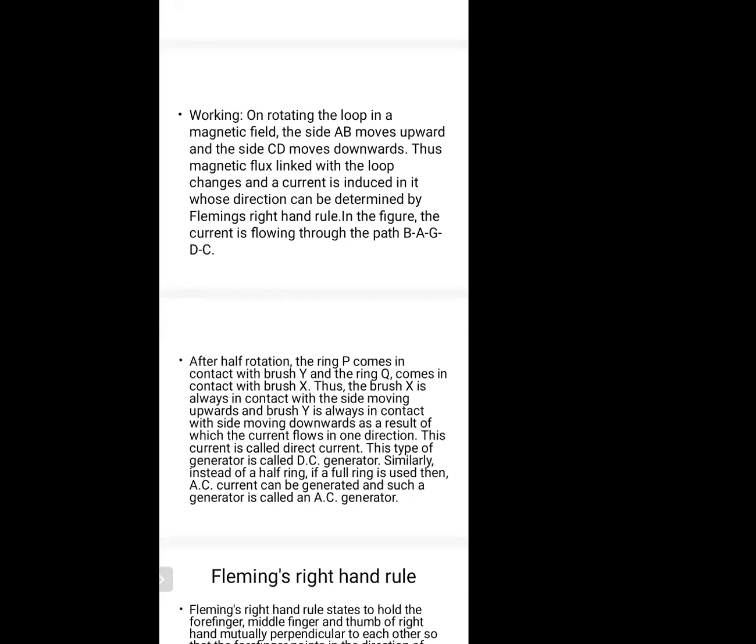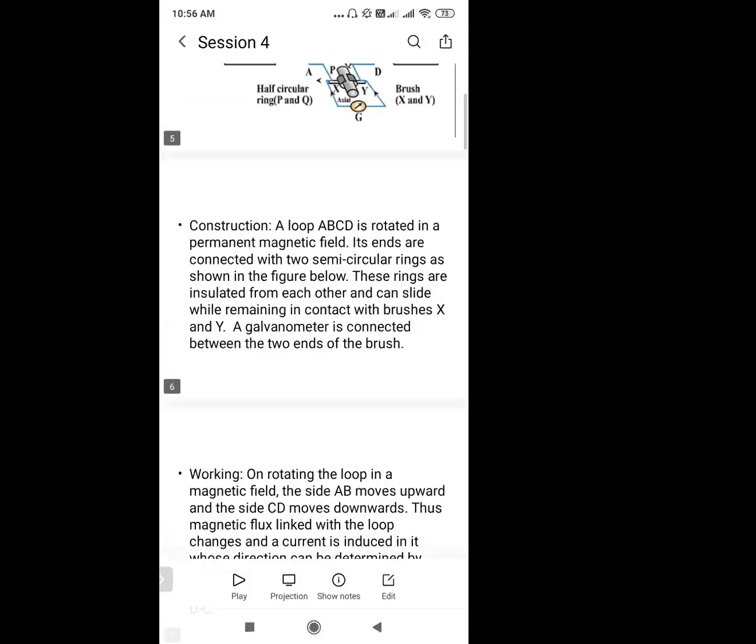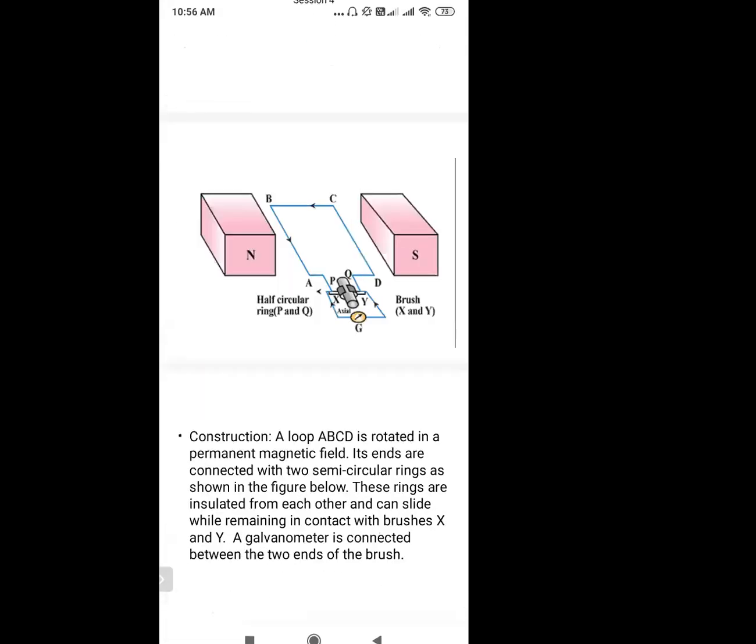On rotating the loop in a magnetic field, side AB moves upward and side CD moves downward. You can see where AB and CD are, and similarly in the motor case, the same rectangular conductor.